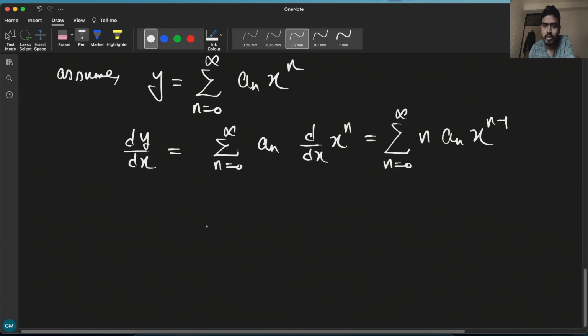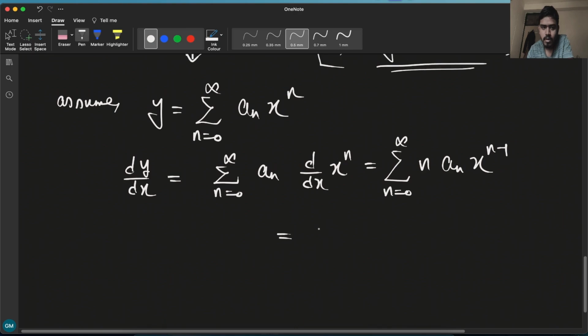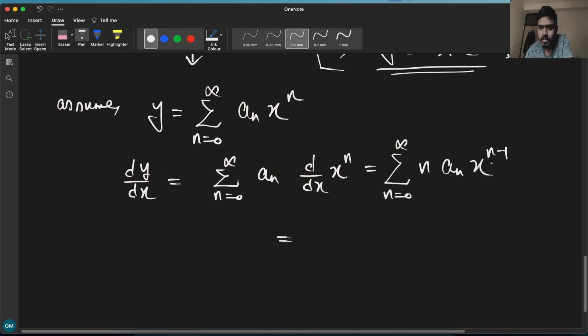Before doing that, let me do something else. In this power series, x has a power of n minus 1, and I want to do some comparison of powers.